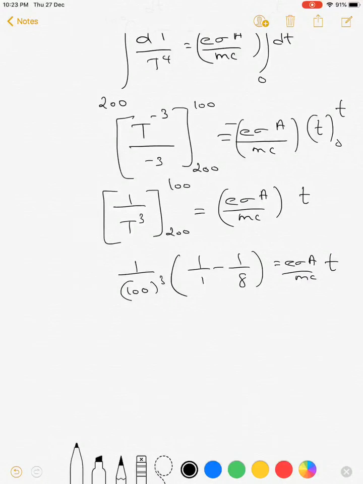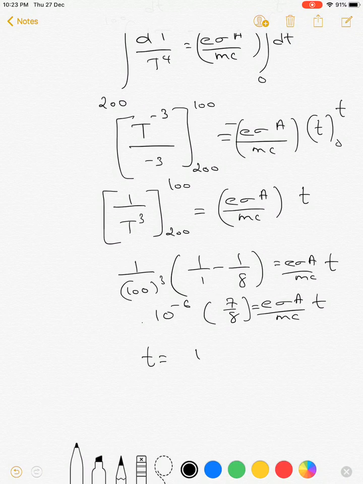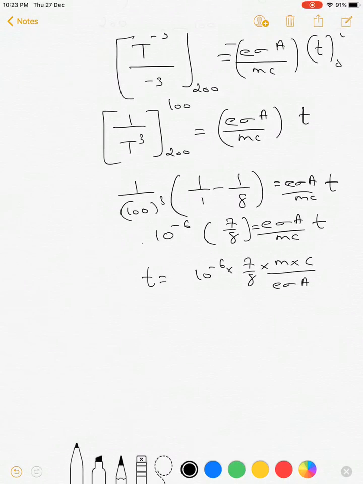So we can take it as 10 raised to minus 6 into 7 divided by 8 equal to E sigma A divided by m c t. So we'll get the value of t: t will be equal to 10 raised to minus 6 into 7 divided by 8 into m c divided by E sigma A.